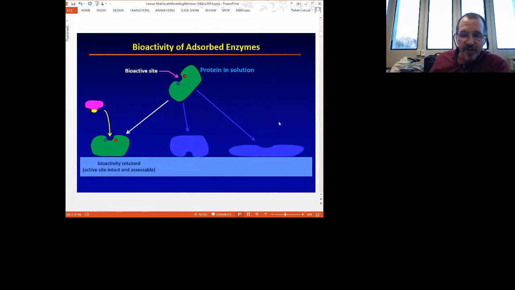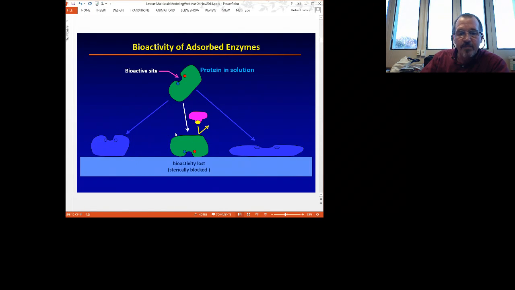And just to illustrate this with some cartoons, if we look at an enzyme in solution, of course, it has a bioactive site. And when that adsorbs, if it adsorbs in a proper way, we can retain the bioactivity, and it can perform its function where it's binding to a substrate and causing some sort of desired reaction for a biosensor, for example.